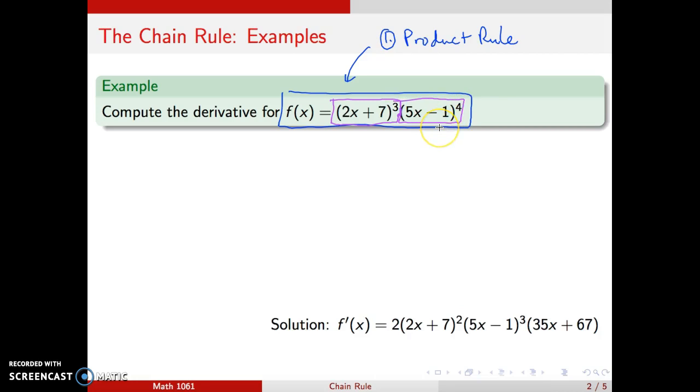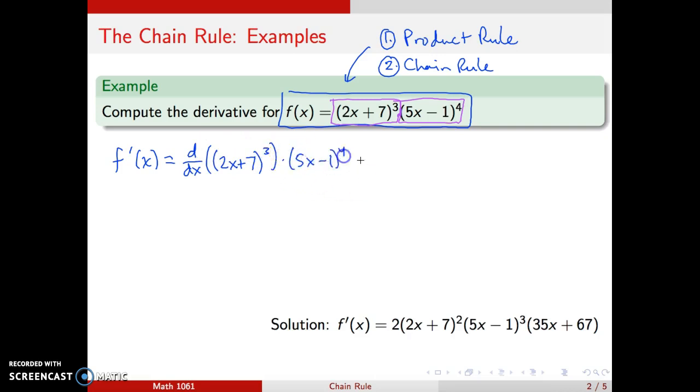So I'm going to use the product rule, and then in the course of doing that, I'm going to use the chain rule for the derivatives of these factors that we need to know along the way. So product rule first, the derivative is the derivative of this guy, and I'm going to write it like this first time going through, times the second function plus the first function times the derivative of the second function.